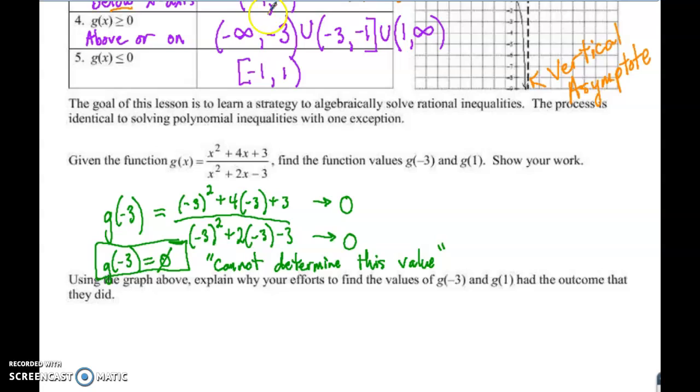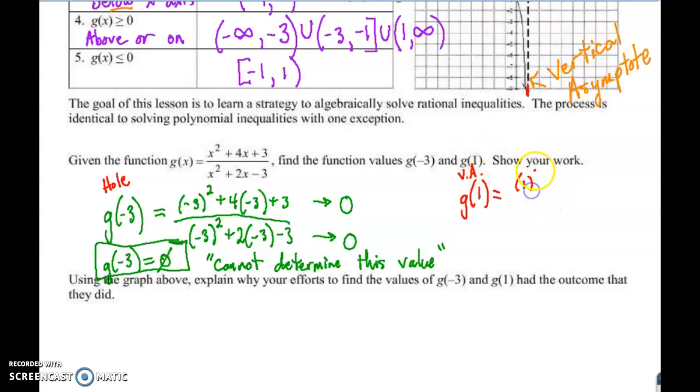So let me change colors and do g of 1 now. And this one's a little bit more interesting. Or maybe it's less interesting. If you're looking at the graph, you might say, well, at g of -3, that was the hole. If you're looking at g of 1, that's a vertical asymptote. Sometimes you write VA for that, vertical asymptote.